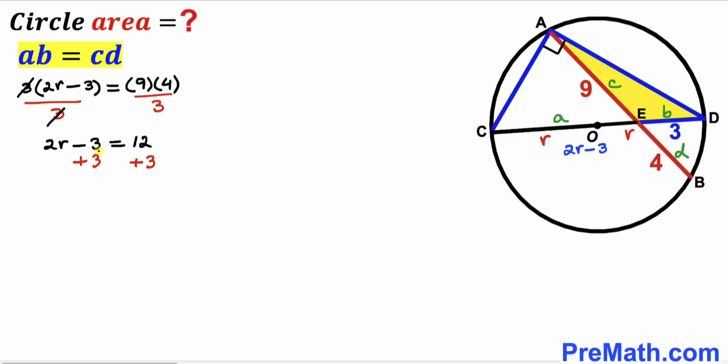Here we can see negative 3 and 3 are gone. So 2 times r turns out to be 15. Let's divide both sides by 2 to isolate radius r. So our radius lowercase r turns out to be 15 divided by 2 units.